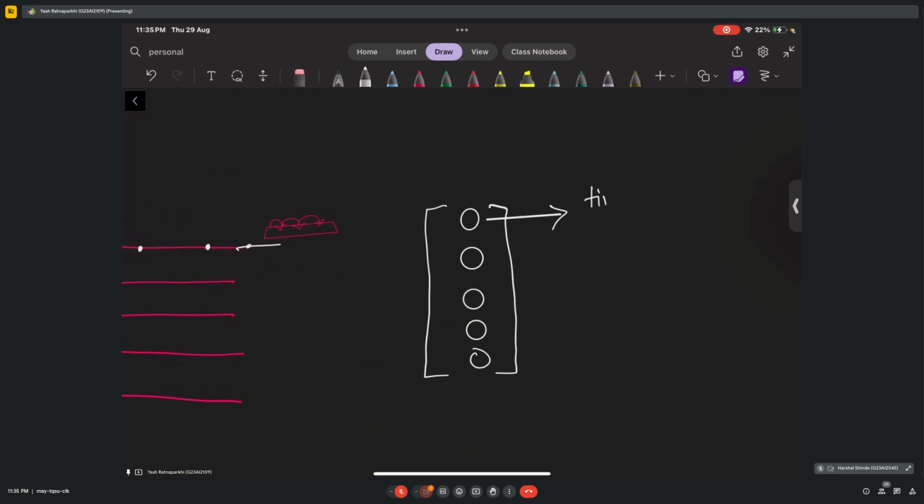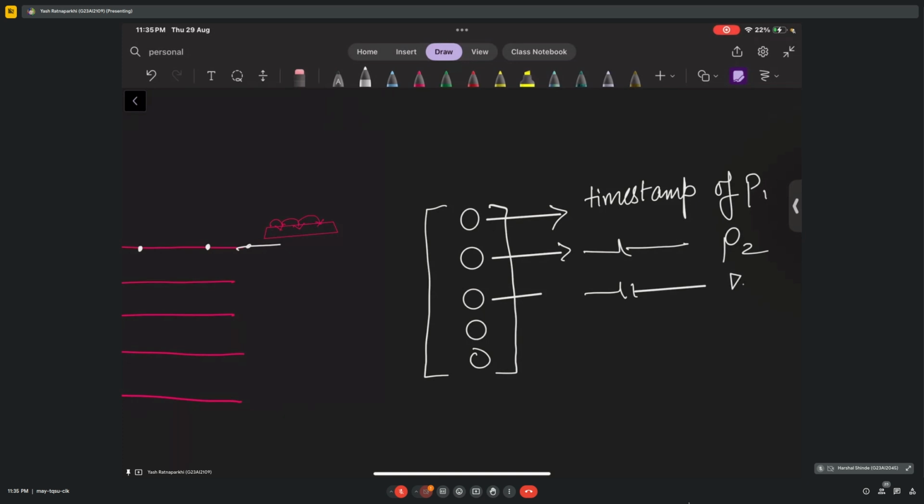This is the timestamp of P1. This is the timestamp of P2. This is the timestamp of P3. This is the timestamp of P4, and this is the timestamp of P5.